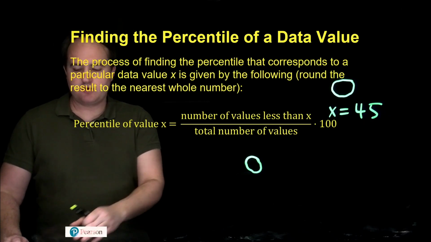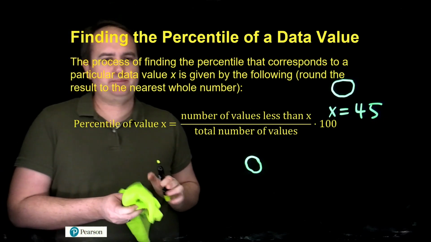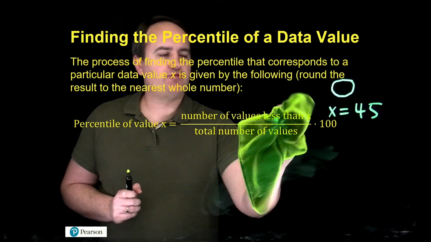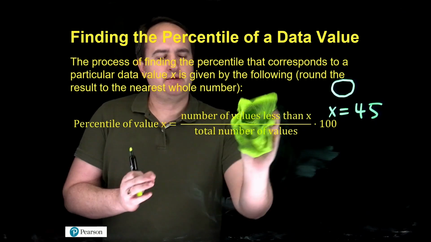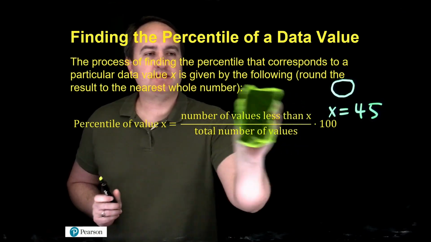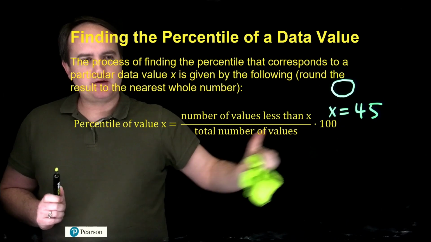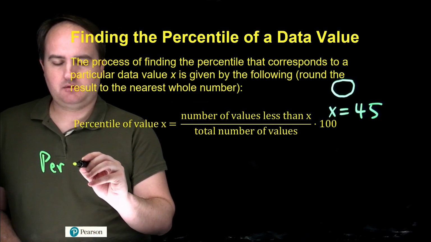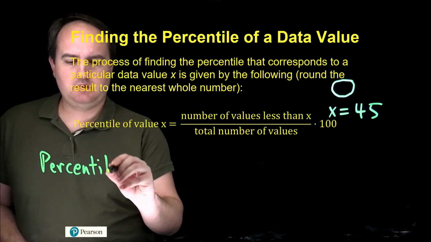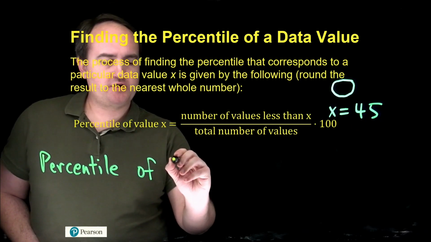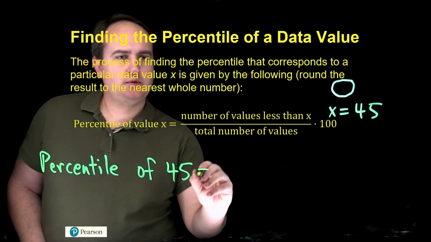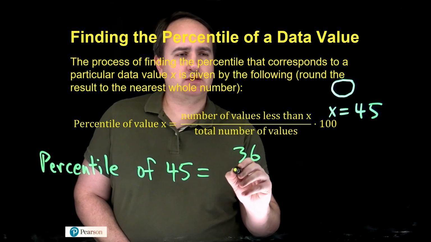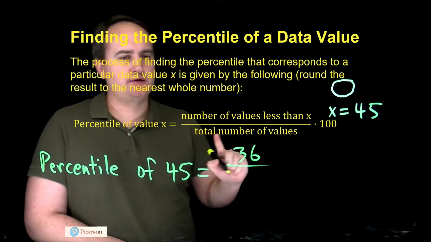So using this formula, the percentile of 45 equals number of values less than 45, which is going to be 36, over the total number of values.